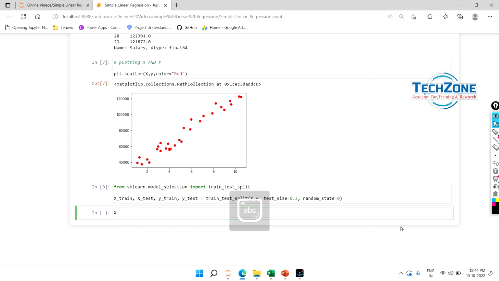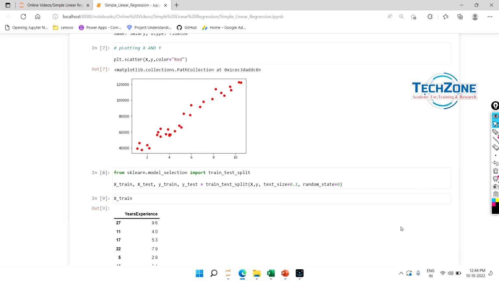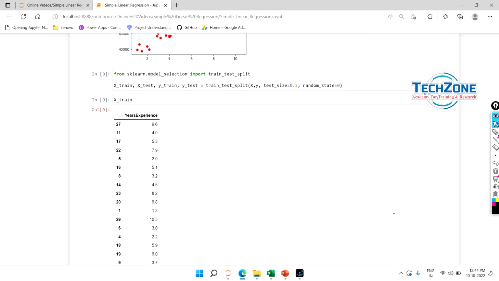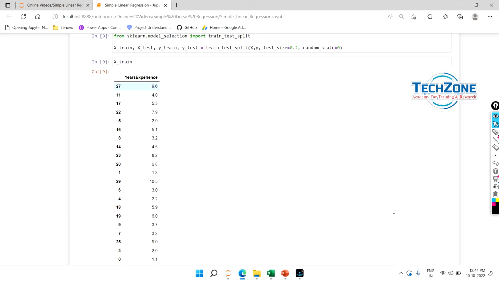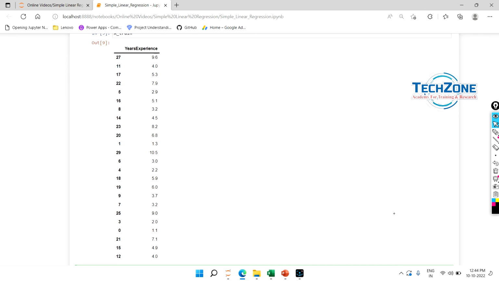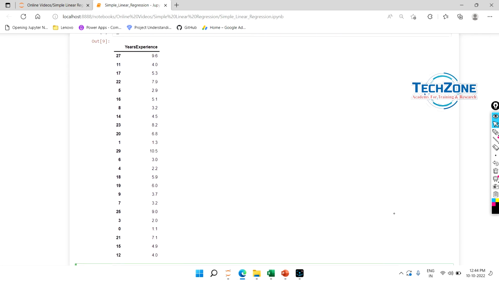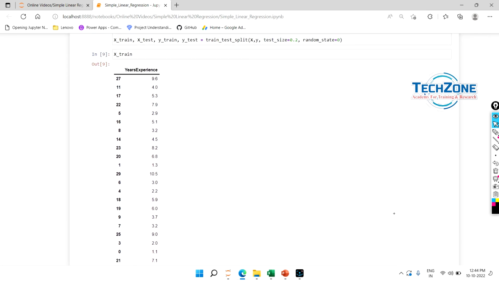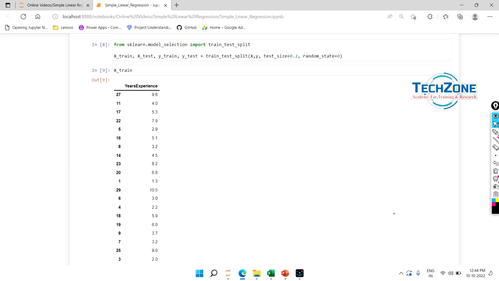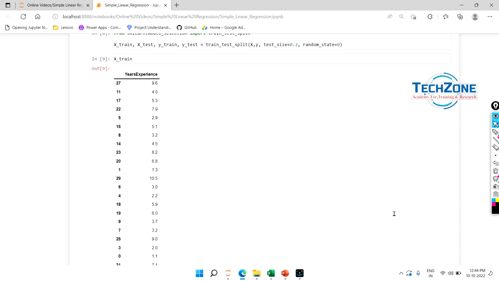Let us just check what is there in x_train. So see here, these are the values in x_train. So it has selected randomly. Now if you give random_state equal to 1, you will get the same number of rows but different rows. So if you keep random_state equal to 0, every time you will get the same rows.